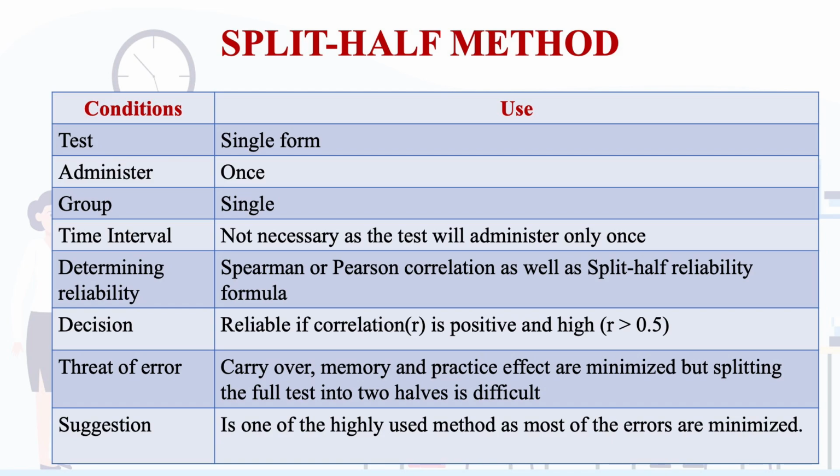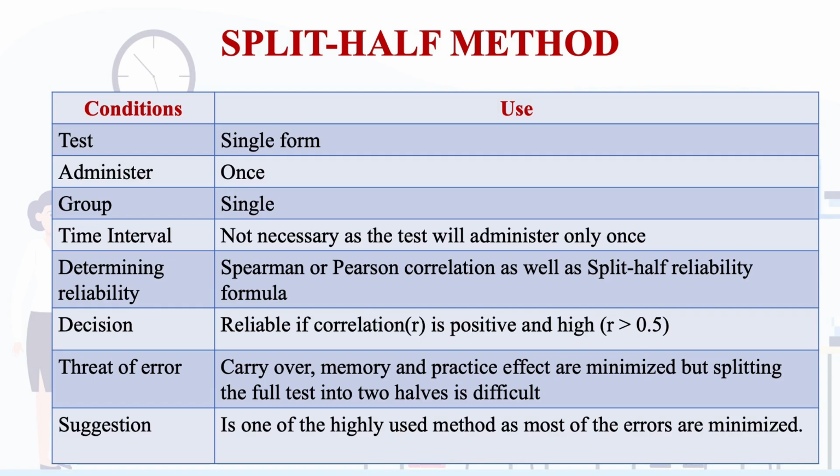So that's why, automatically, many errors are minimized, because a single test will be used. There is no question of using two tests, and it will be administered upon a single group of students. So the group will not change. The group will be single and administration will be once.